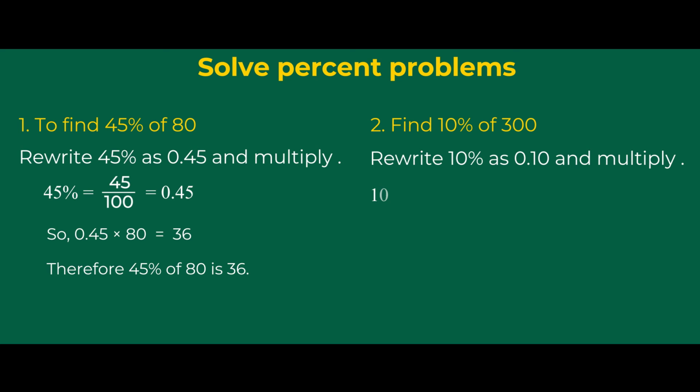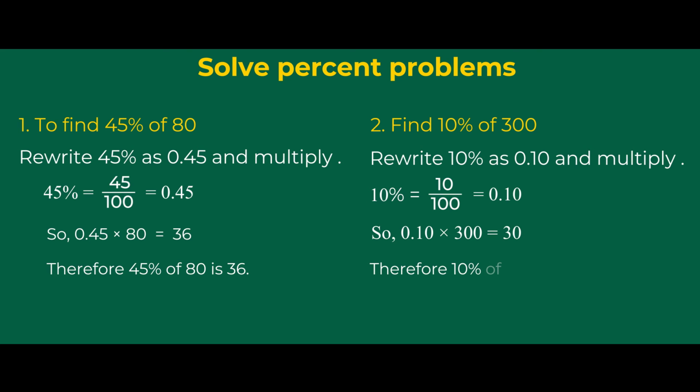So 10%, which equals 10 over 100, which equals 0.10 or 0.1. Now you multiply 0.10 times 300, you get 30. So therefore we can say 10% of 300 is 30.